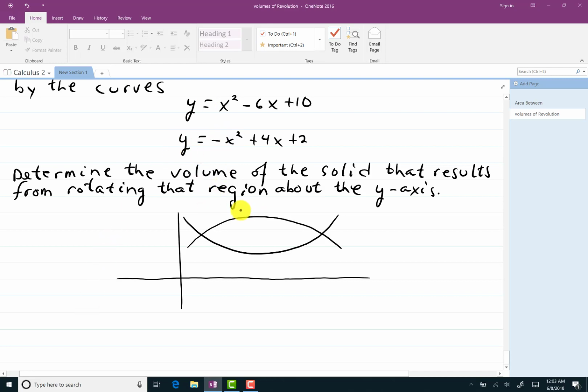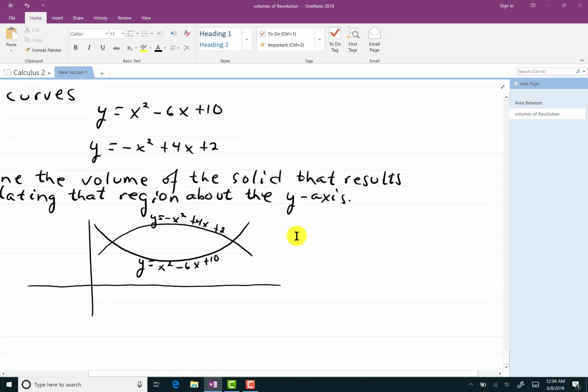So this one on top is y equals negative x squared plus 4x plus 2. And then down here, this one is y equals x squared minus 6x plus 10. And obviously the region that's bounded by these graphs is in here. Every other region is infinite.